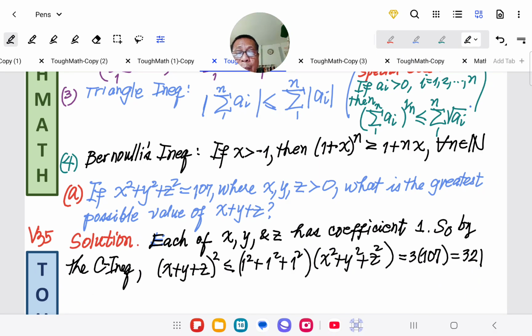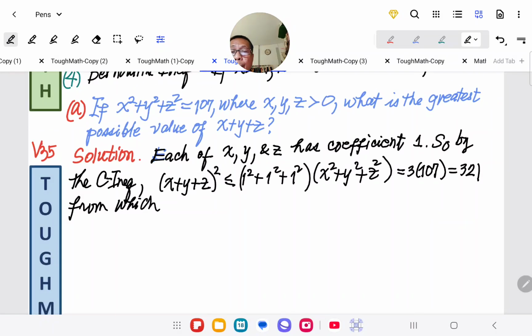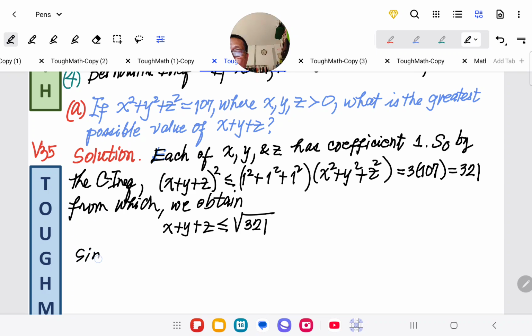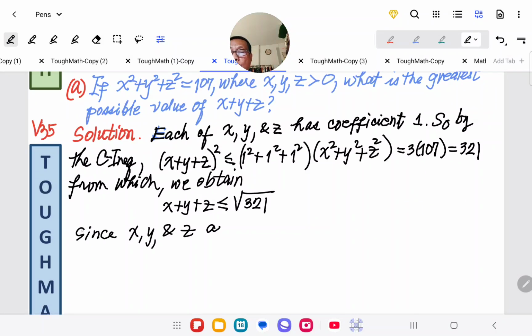From which we obtain x plus y plus z is less than or equal to the square root of 321.